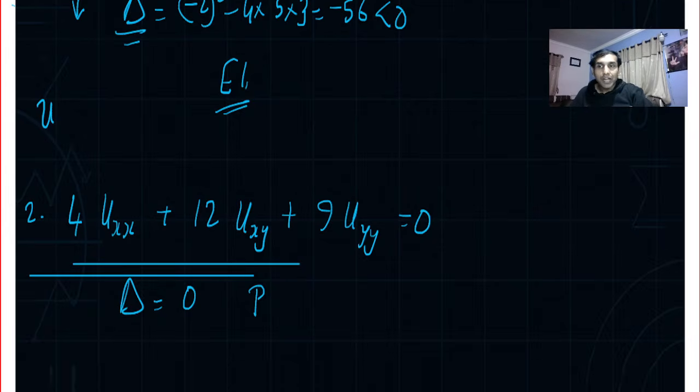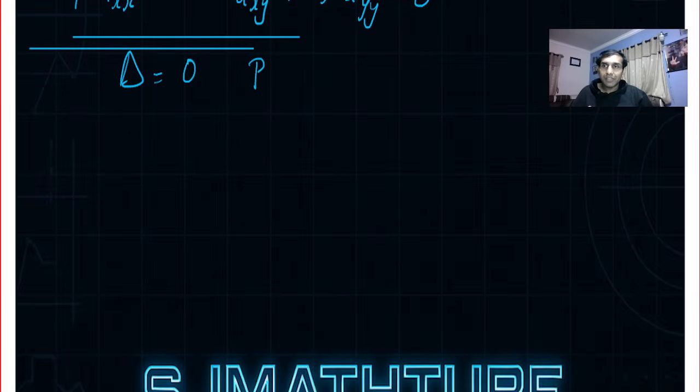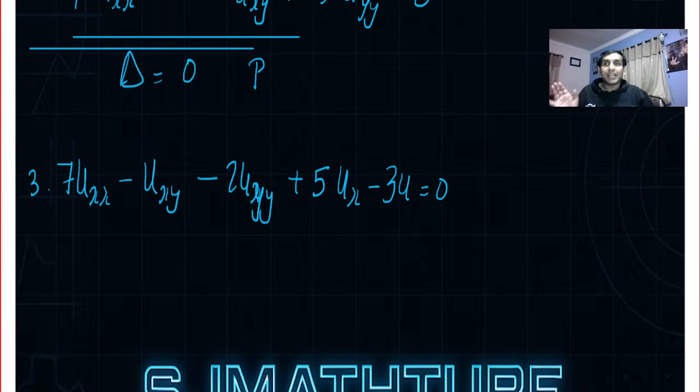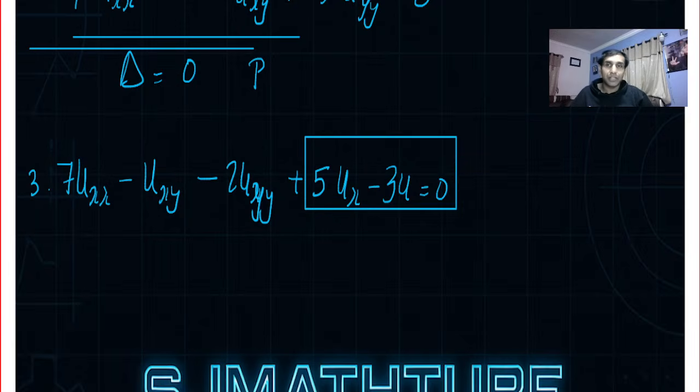Okay, now another question. Please write the question and I want you to do it yourself. 7uxx minus uxy minus 2uyy plus 5ux minus 3u equal to 0. In examination, don't get confused. We do not care about the lower order derivatives or the function.